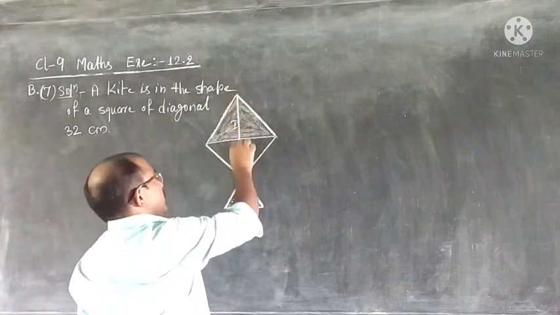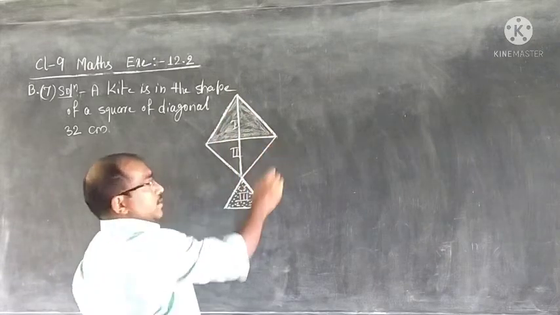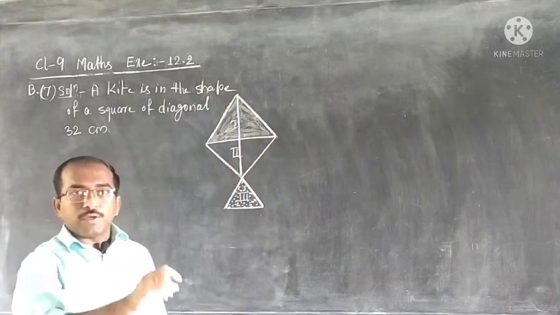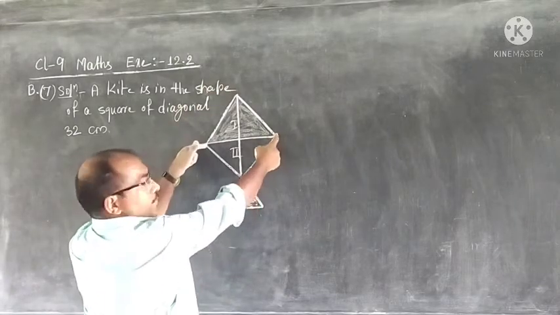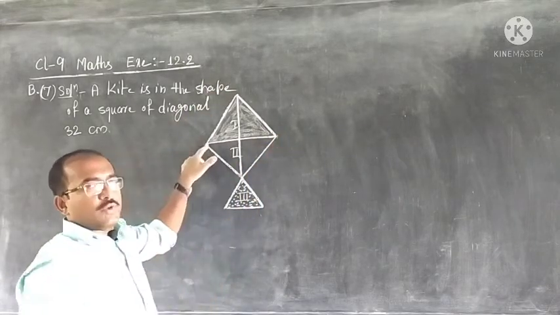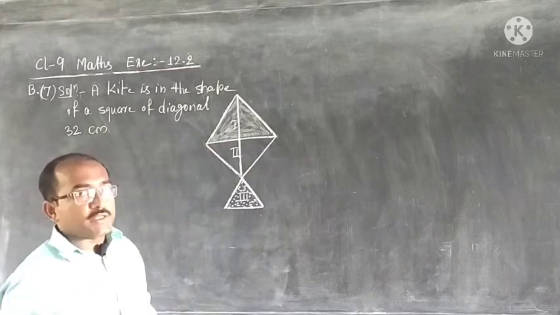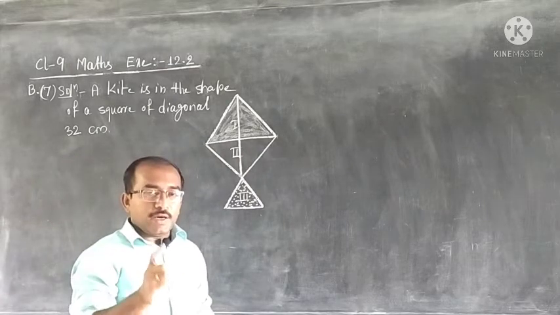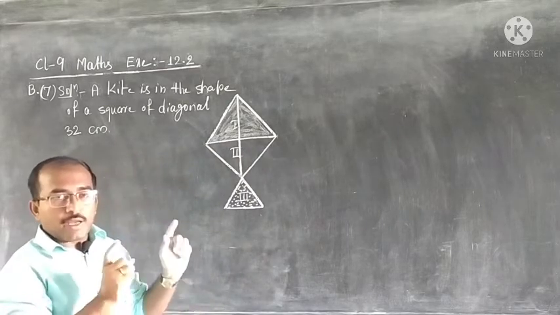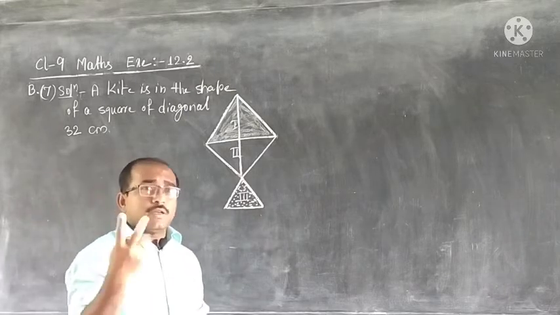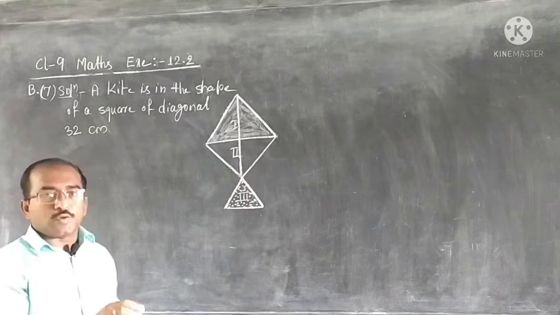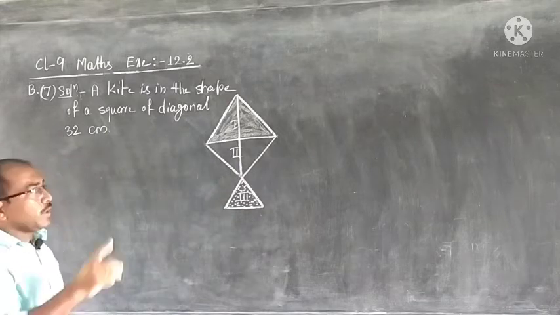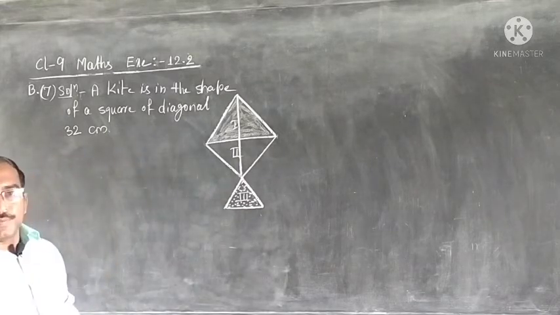If this figure is a square, the diagonals of the square are equal. We need to remember, these two will be the diagonals of the square and they will be equal. In a rhombus, it does not happen. It happens only in a square. How many diagonals will it have? 2 diagonals, and both diagonals will be equal in a square. All right, we came to know that both will be 32, 32.